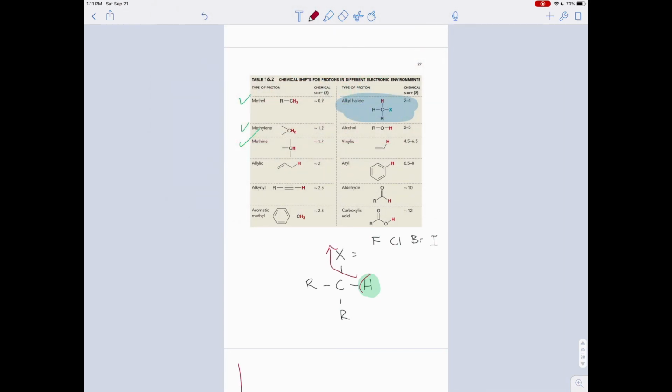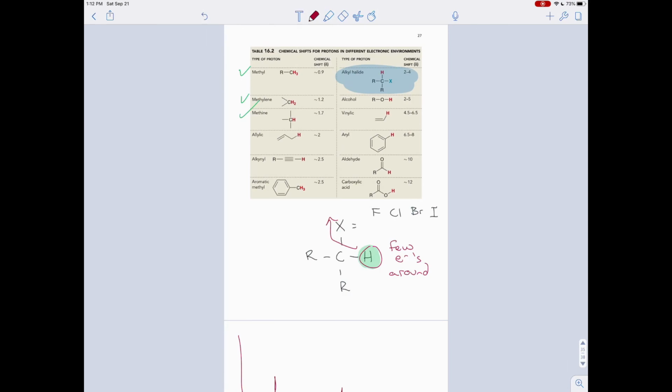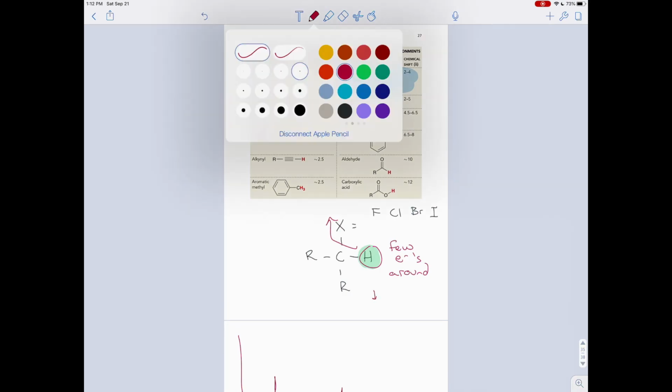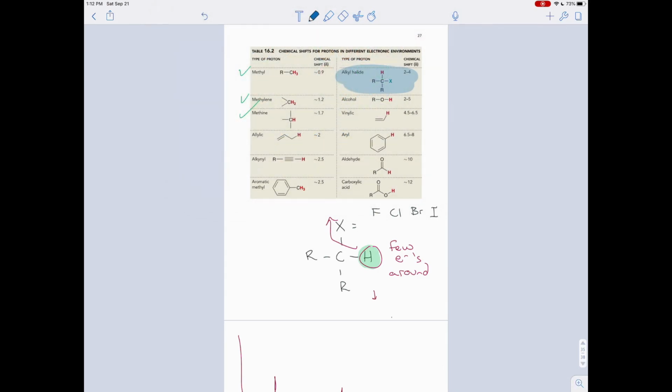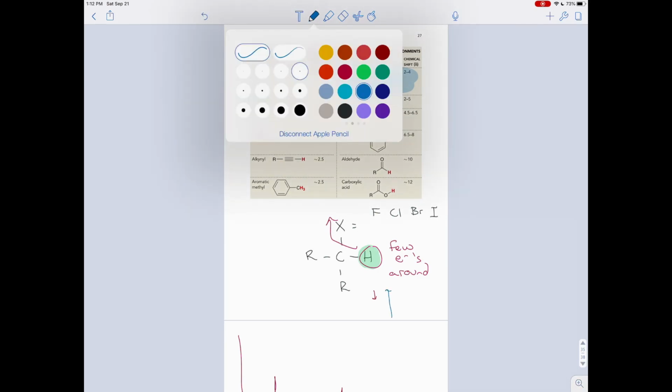And so now this hydrogen has even fewer, it has very few electrons around it, or I should say electron density around it. Because there is less electron density around it, they're not as able to oppose the external magnetic field as much.